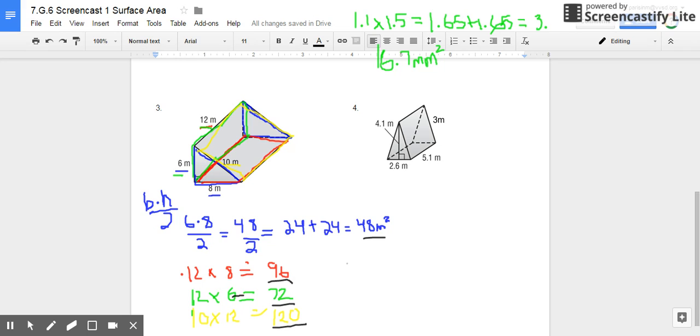So we're going to add all of these up. So 48 plus 96 plus 72 plus 120, we get 336. So our total surface area is 336 meters squared.